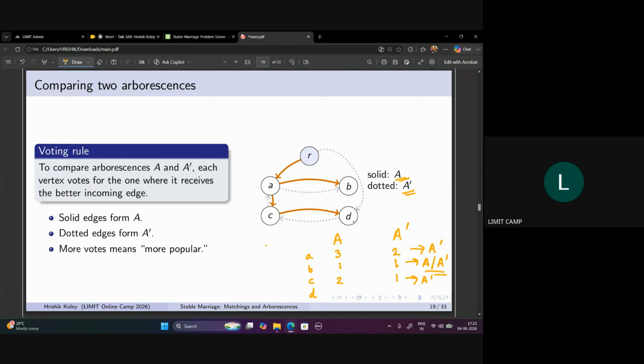In the case of D, in the solid case it got its favorite edge, whereas in the dotted case it got its least favorite edge. After the votes are cast, A dash gets 2 votes, A gets 1 vote, and there's one vertex who does not prefer one over the other, so it gives a NOTA vote.